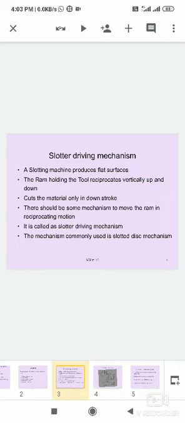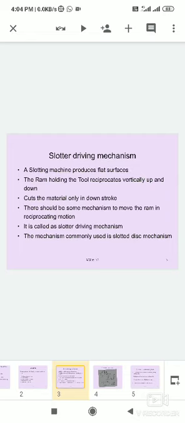In the ram driving mechanism, there are three types of mechanisms: one, Whitworth quick return mechanism; two, variable speed reversible motor drive mechanism; three, hydraulic drive mechanism. In the Whitworth quick return mechanism, the essential features are the bull gear, driving plate, and crank pin with a slider.